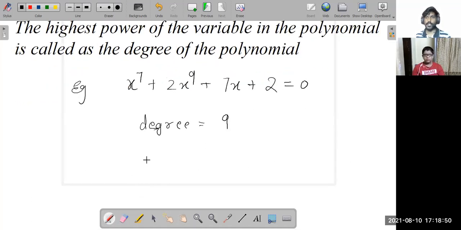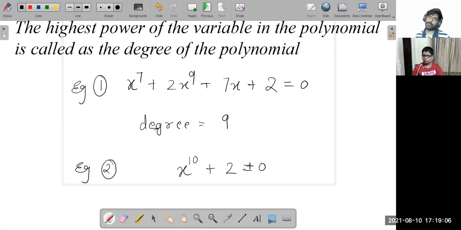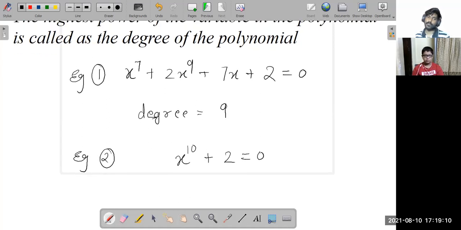Now, tell me the degree of this polynomial. What is the degree? 10. 10.